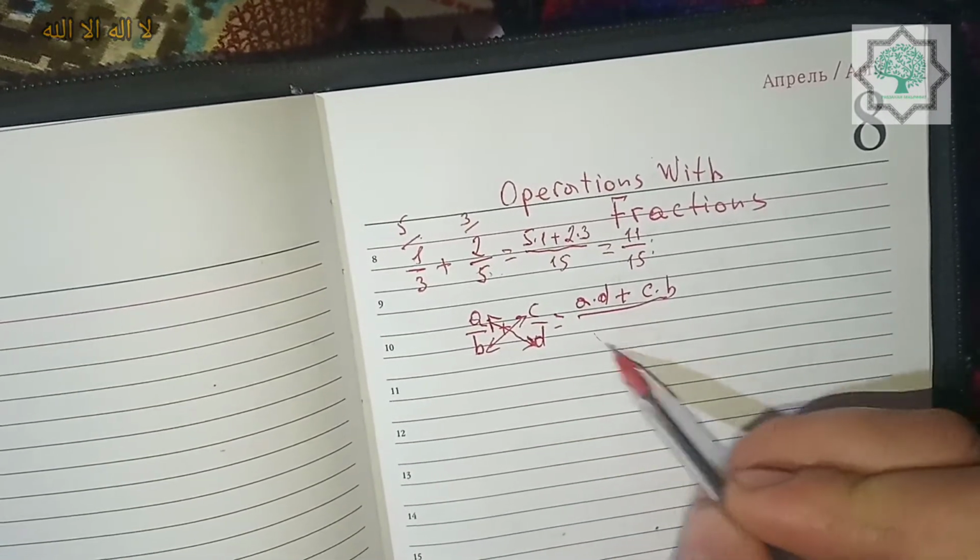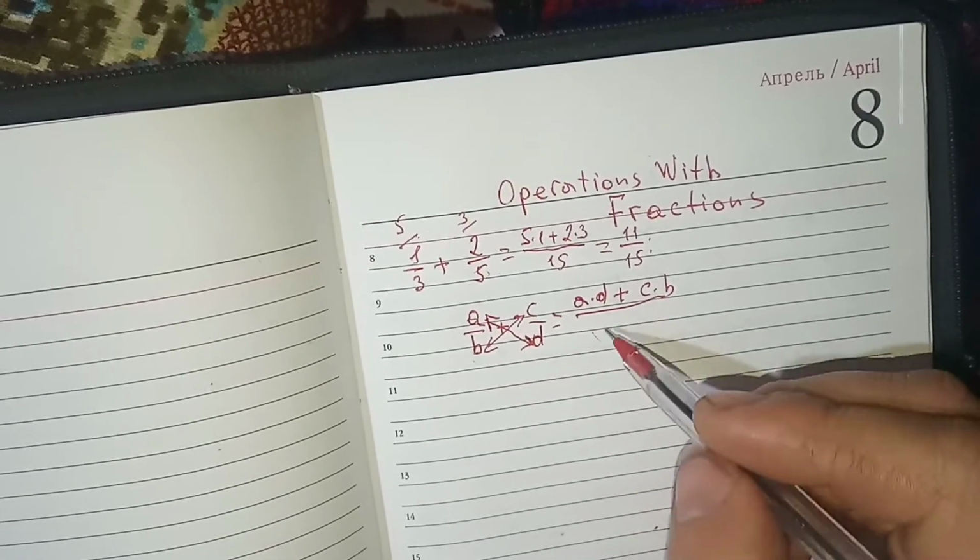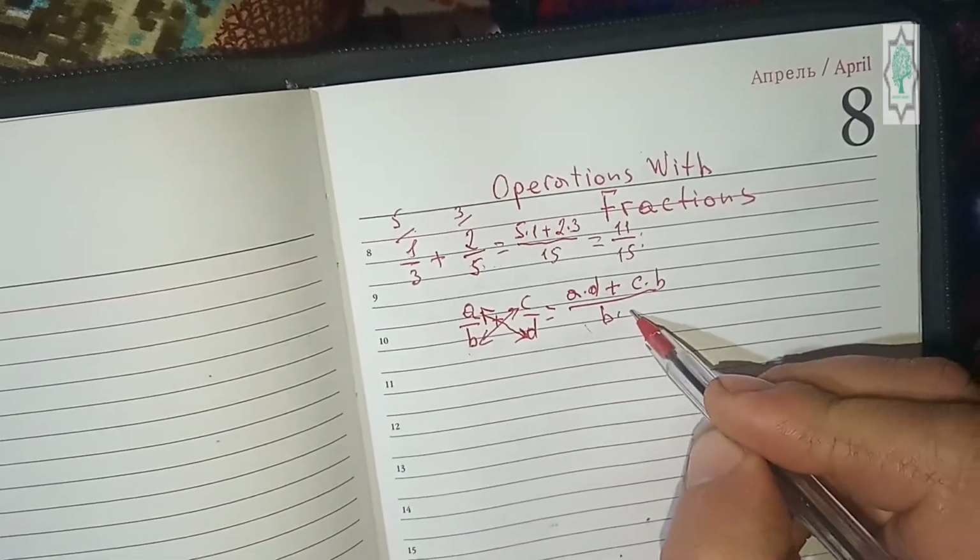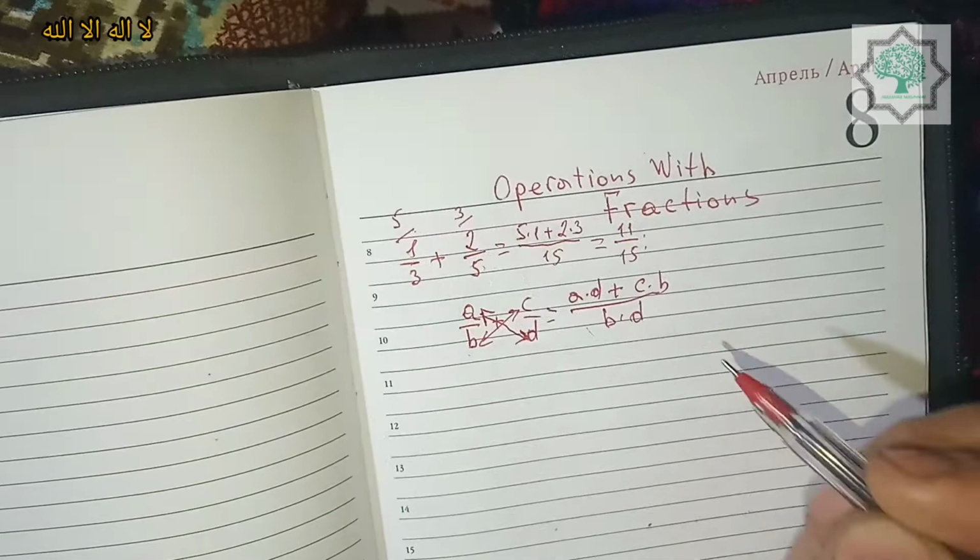In the common denominator we write b multiplied by d.